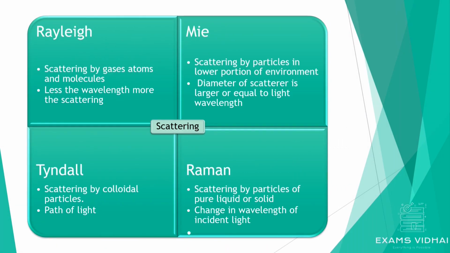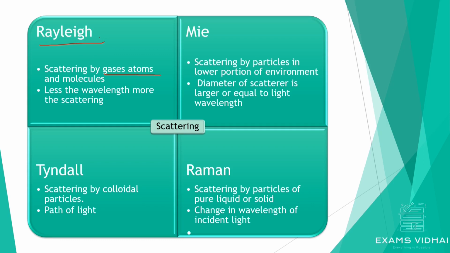Let's recall what all different kinds of scattering we have read. First, Rayleigh scattering. Here, scattering takes place by the atoms and molecules of the gases. Here, we have seen that scattering S was proportional to 1 by lambda to the power 4.